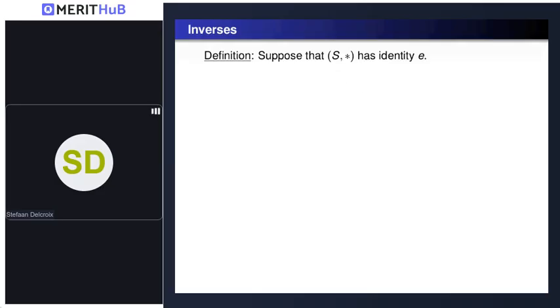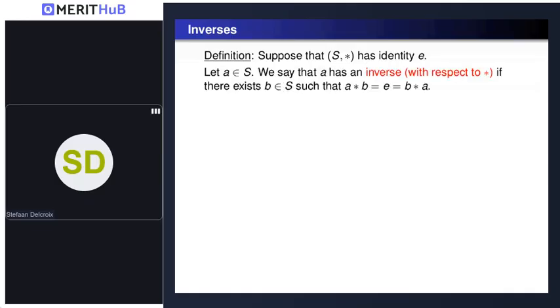So suppose that the set S and the operation star has an identity. And you pick an element in your set S, A. We say that A has an inverse with respect to star if there exists an element, call it B, such that A star B and B star A get you the identity.